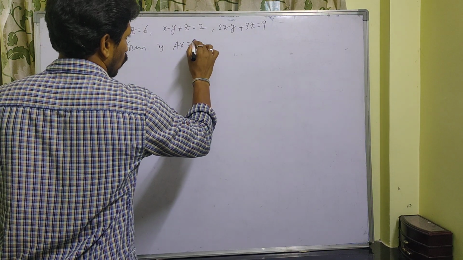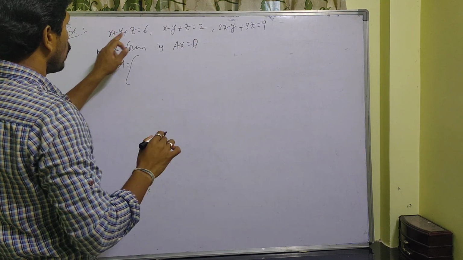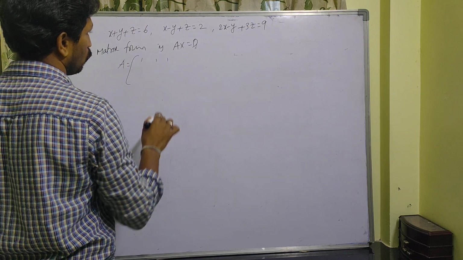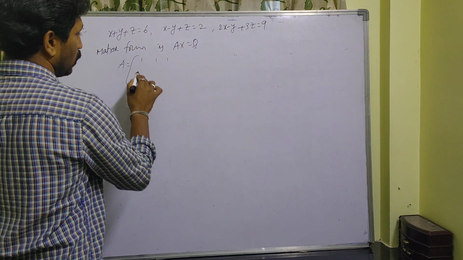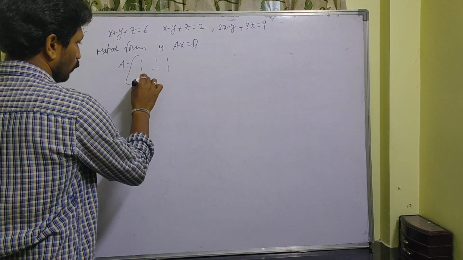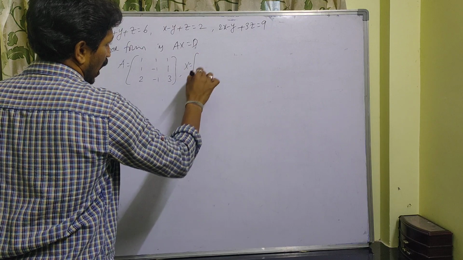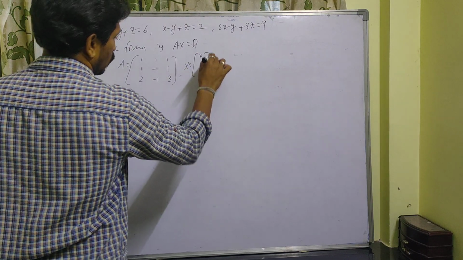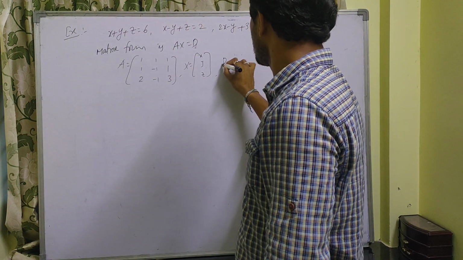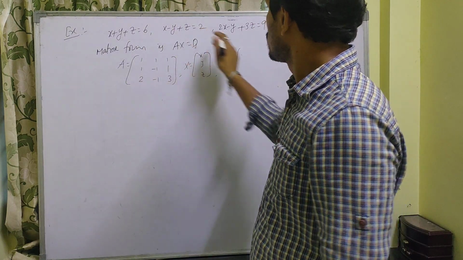You take any one, no problem. So, A is equal to: 1, 1, 1 in the first row, 1, -1, 1 in the second row, and 2, -1, 3 in the third row. Then X is x, y, z, and matrix D is 6, 2, 9.